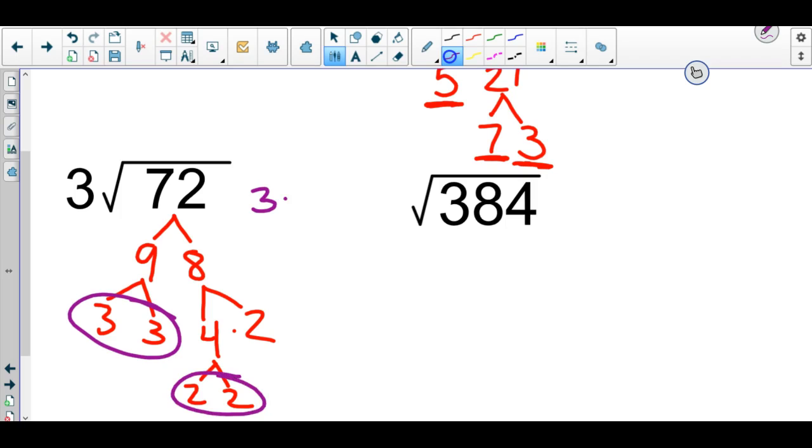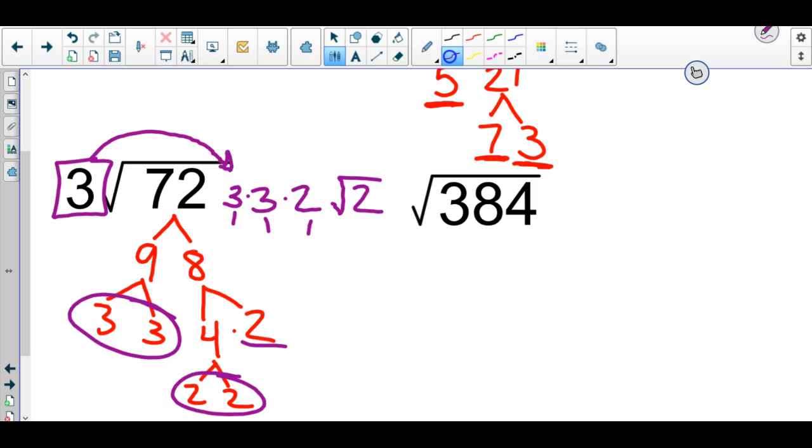Pair of 2's brings a 2 out. We already have a 3 from the problem that comes out, and then lonely 2 stays in. So now when we simplify this, 3 times 3 times 2 is 18 root 2.